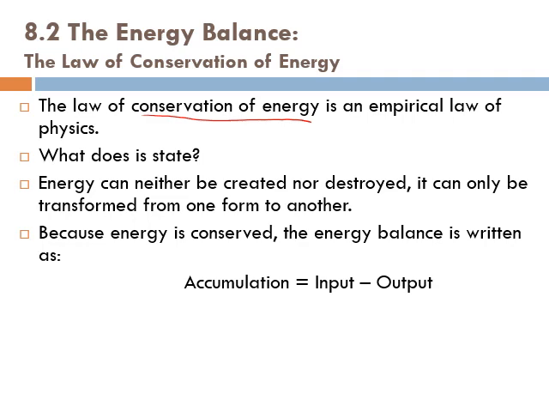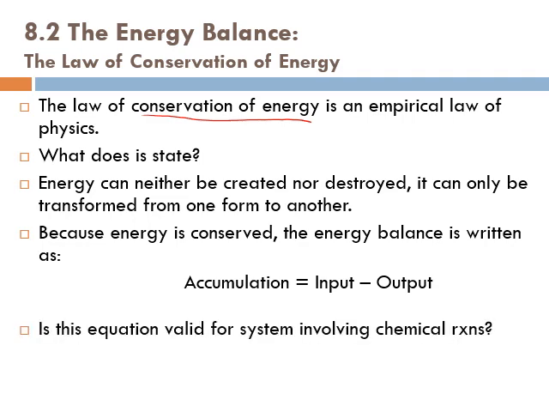Simple, because I don't have to add the term plus generation because energy cannot be created. I don't have to add the term minus consumption because energy cannot be destroyed. Okay, so again, any conserved quantity, since it cannot be created nor destroyed, the balance is very simple. Accumulation equal input minus output. Tamam?